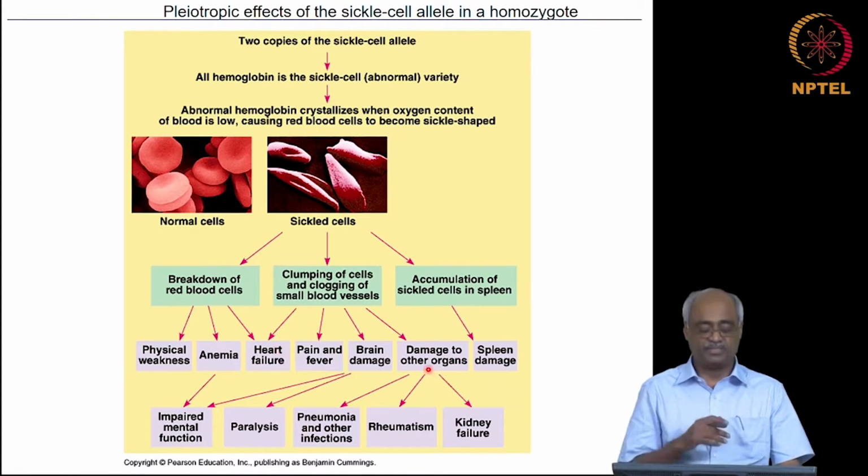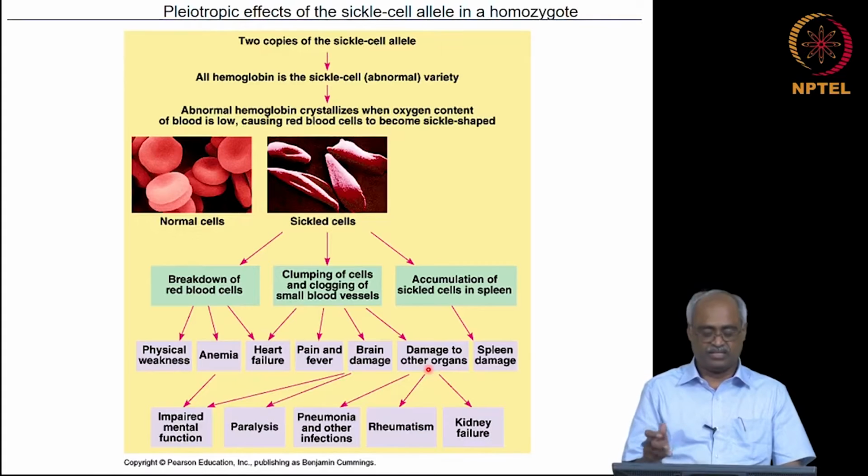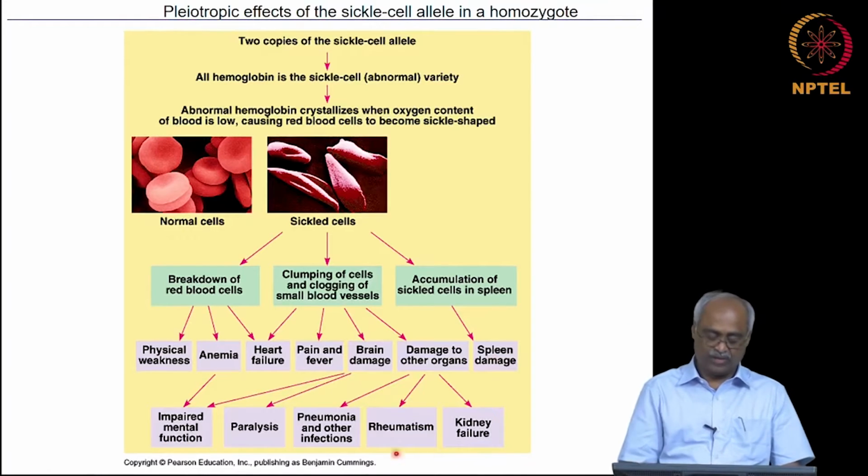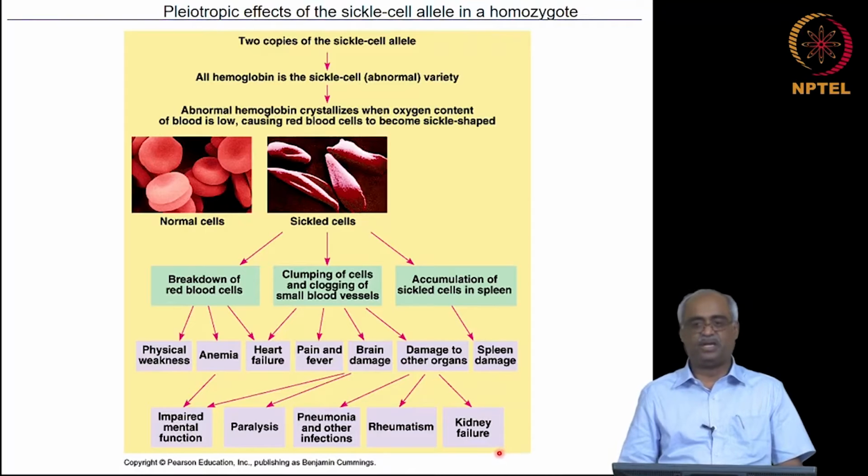Since they clog the artery, you have problems in the heart, blood vessels get blocked, and due to that you have problems in the brain. These cells accumulate in organs where they are degraded, causing damage to other organs. At least 5 of them are listed. These are 5 different phenotypes coming from a single mutation.